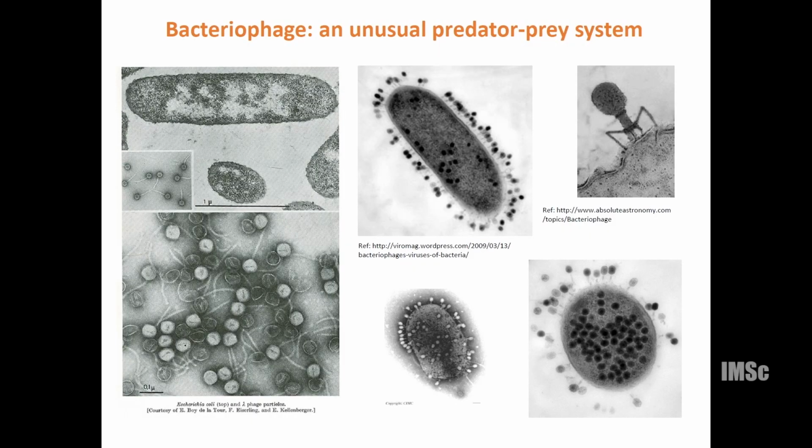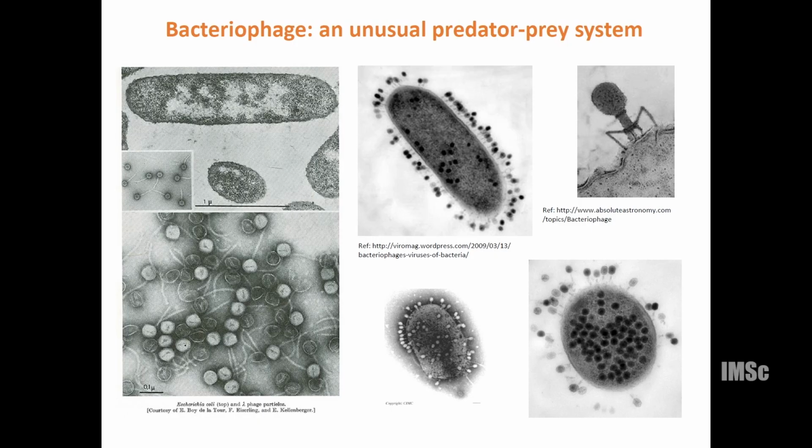But some of you may not know just how much they themselves are influenced by these tiny little particles which are sort of on the edge of life and non-life, which are these viruses that infect bacteria. They are the most abundant predators of bacteria, and just as bacteria shape the evolution of the whole biosphere, they shape the evolution of bacteria. So they are an unusual predator-prey system.